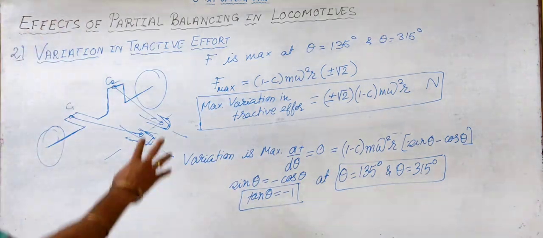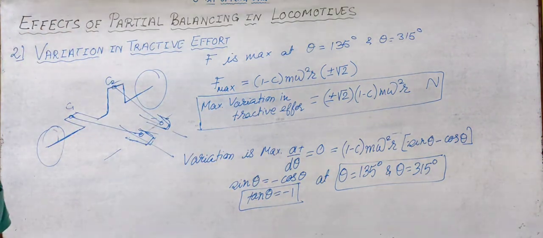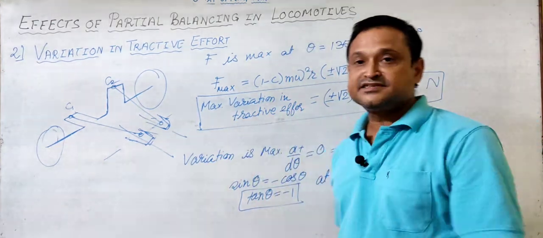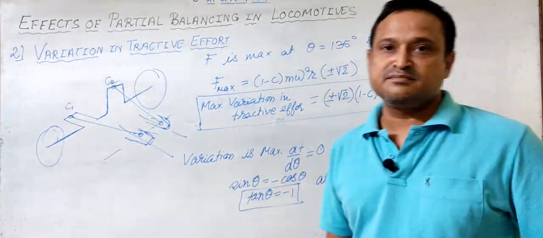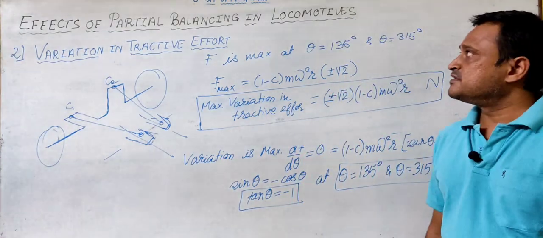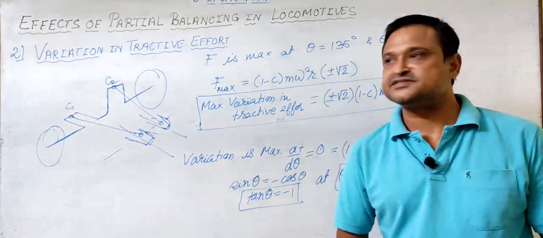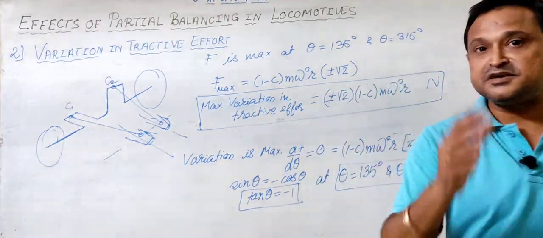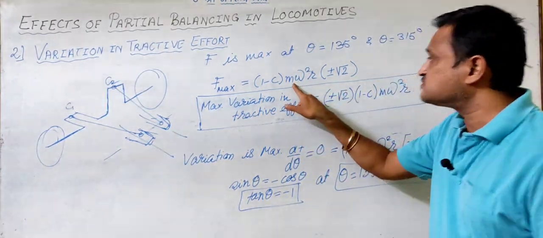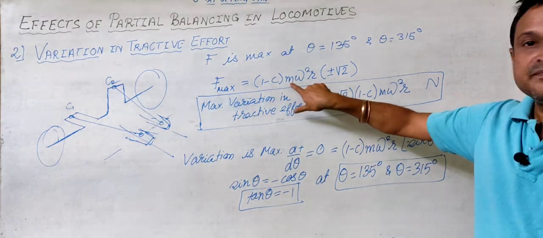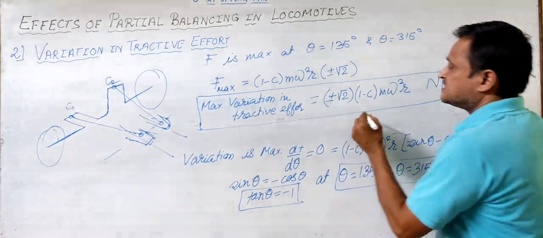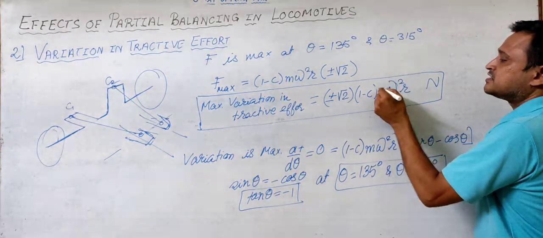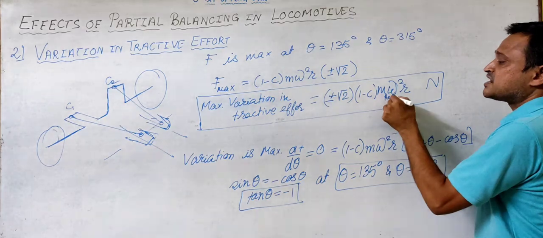So that is how we understand. This will be the second effect which will be there in the system due to the partial balancing of the reciprocating masses. Again, this is only due to the reciprocating mass. That means this mass m, what we are considering here, is the reciprocating mass only.